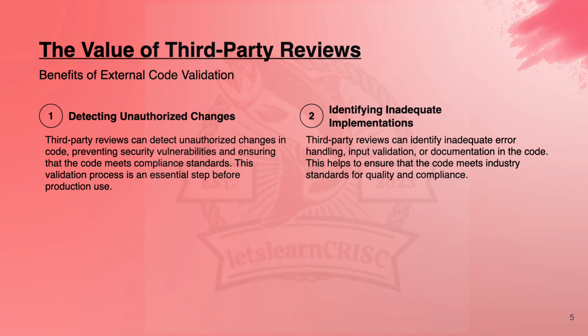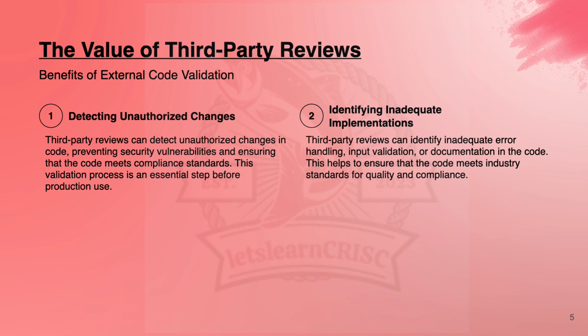Consider a web application that does not handle errors gracefully: it may expose sensitive information or crash unexpectedly. The third party review can catch such issues. Similarly, input validation ensures that the data entered into the system is of the expected format and range. Issues in input validation can lead to security vulnerabilities such as injection attacks.